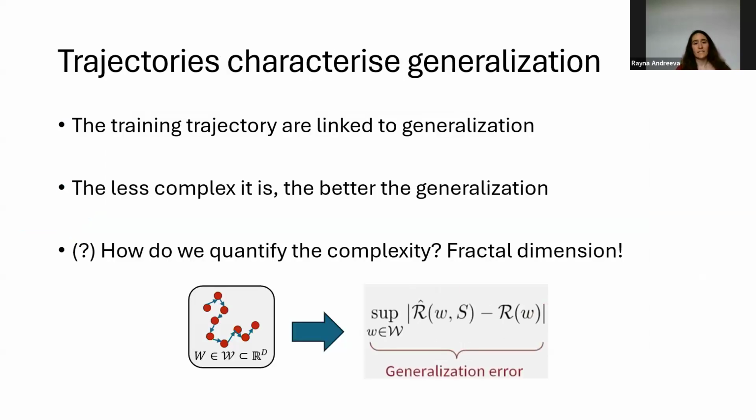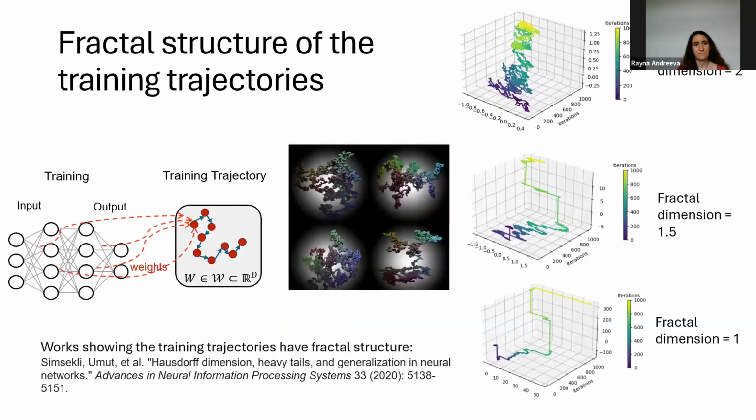And what is really interesting about these trajectories is they tell us something about how well the neural network learns. And the important observation that the researchers have made before is that the less complex this training trajectory, the better the generalization. So the main question here is how exactly do we quantify complexity? And the answer is by using fractal dimensions.